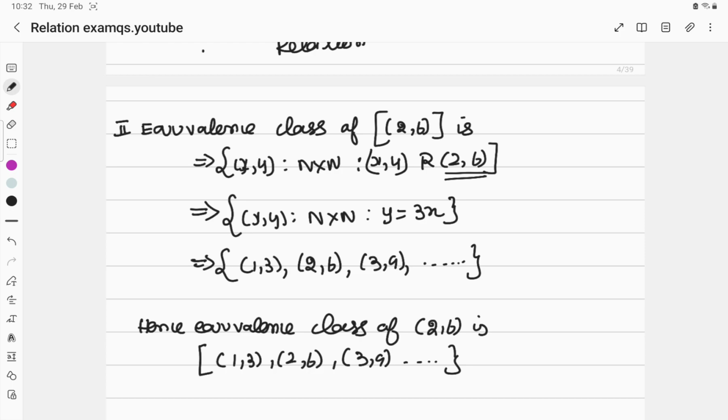Therefore, the equivalence class of (2, 6) is, we have to choose natural numbers starting with 1: (1, 3), (2, 6), (3, 9), like that (4, 12) and so on. Therefore, the equivalence class of (2, 6) is {(1, 3), (2, 6), (3, 9), ...}.